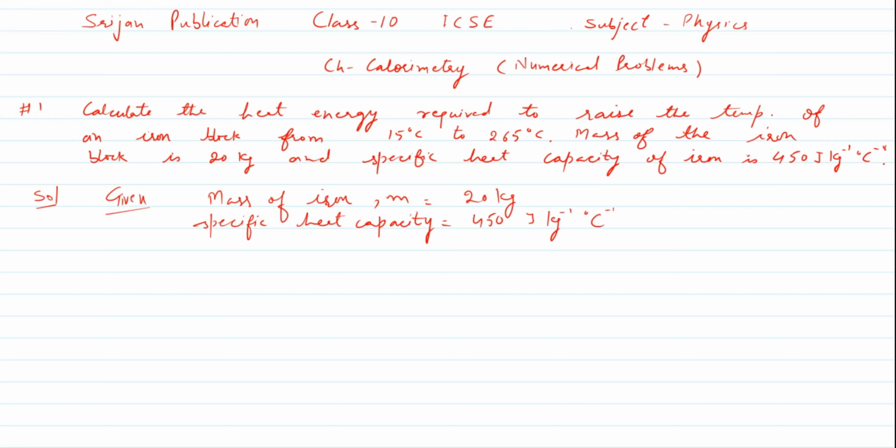And change in temperature, symbol is delta T, that is 265 minus 15 degree Celsius. It is 250 degree Celsius.